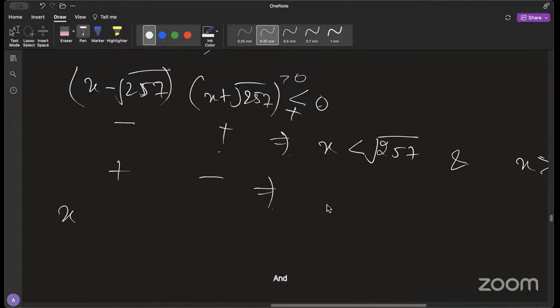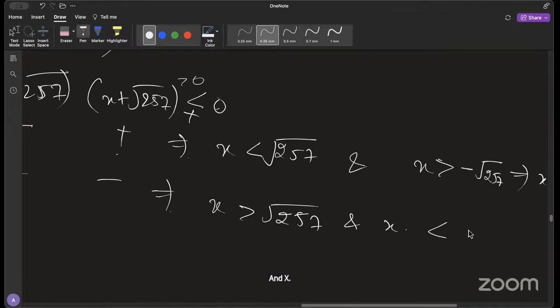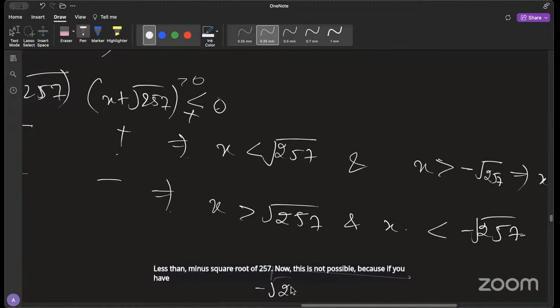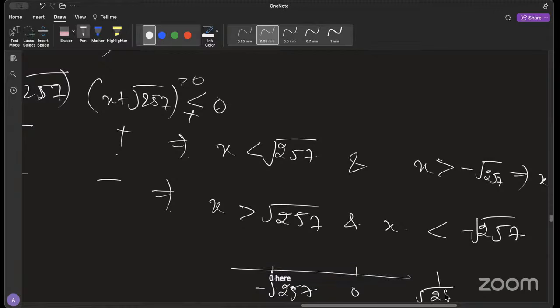And this one will be x greater than square root of 257 and x less than minus square root of 257. Now this is not possible because if you have minus square root of 257 here, 0 here, plus square root of 257 here, then you want your x to be less than this and x to be greater than this simultaneously.